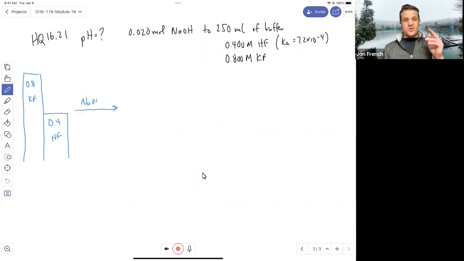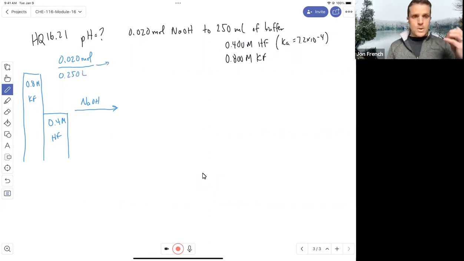Sodium hydroxide is a strong base. But I also need to know, we know moles of sodium hydroxide, I need to find the molarity of that so that I can directly just subtract or add depending on where it reacts. So I've got 0.02 moles of sodium hydroxide, and I mix that in 0.25 liters of solution.